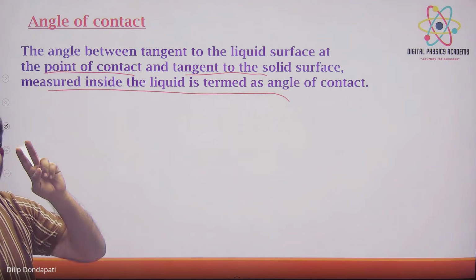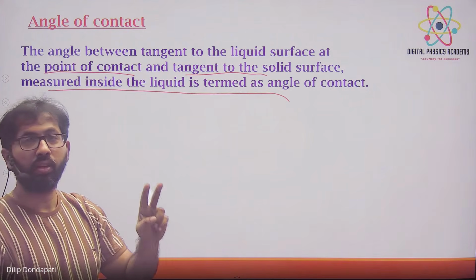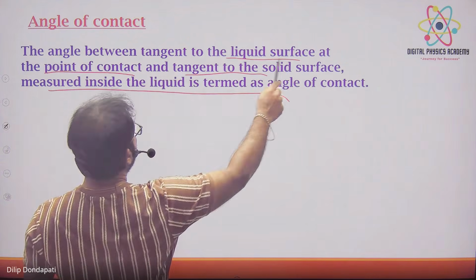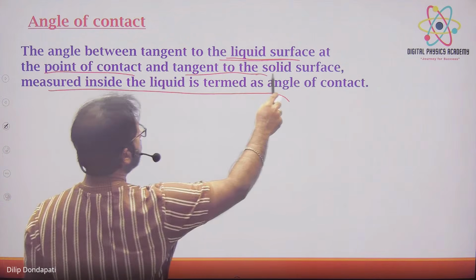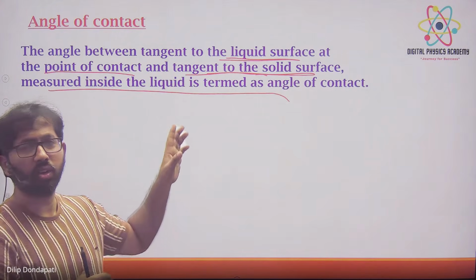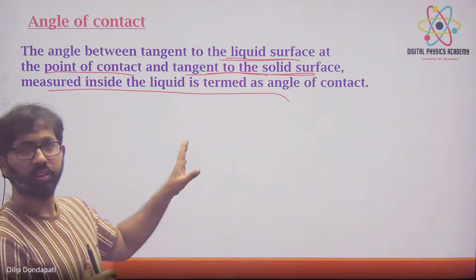Here it is the angle between two tangents. What are the two tangents? One is the tangent to the liquid surface and the other is the tangent to the solid surface. The angle between both tangents is called the contact angle. Okay, understood?